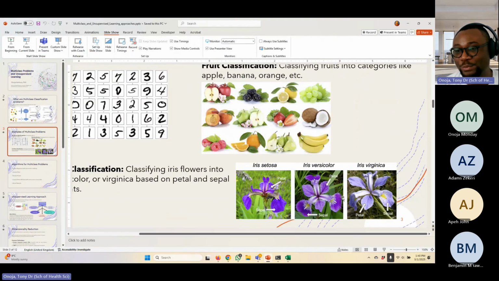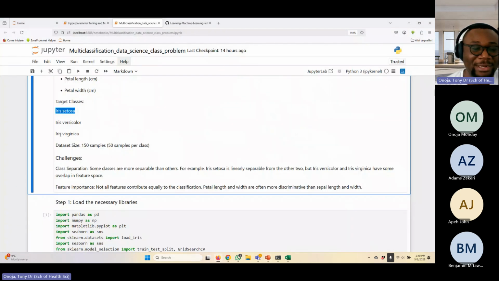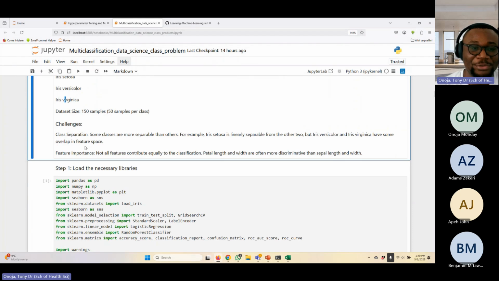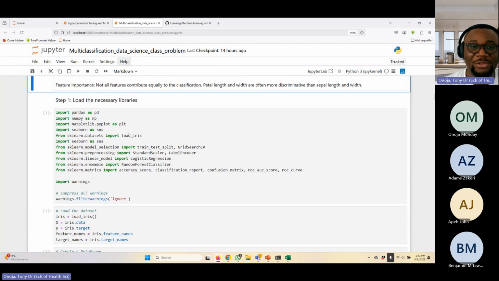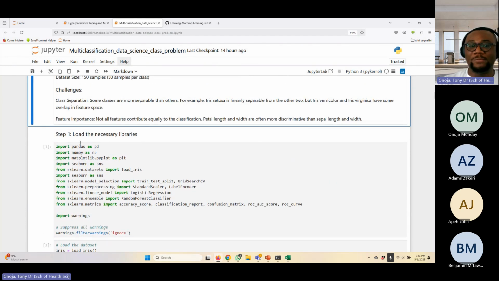So we need to find a way to identify them based on their characteristics. There is that challenge of separating them based on these features that we have. Based on that, you can deduce that feature importance is a critical factor that we must take note of.